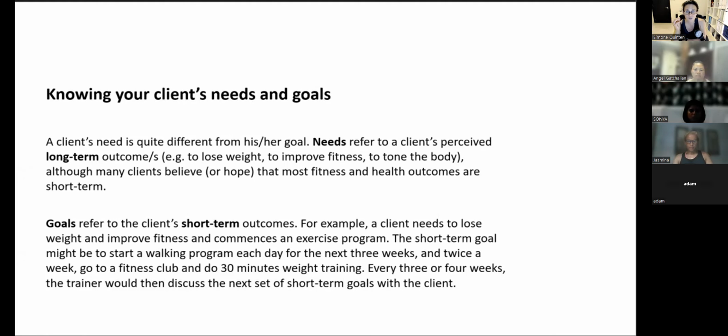So the needs usually refer to the long-term outcome, yeah? So lose weight, improve fitness in order to reach your goal, okay? And then you do set your goal, and you do have short-term and long-term goals, okay? So I would always use a SMART principle, and it is also in your book, but it is not here in this chapter.